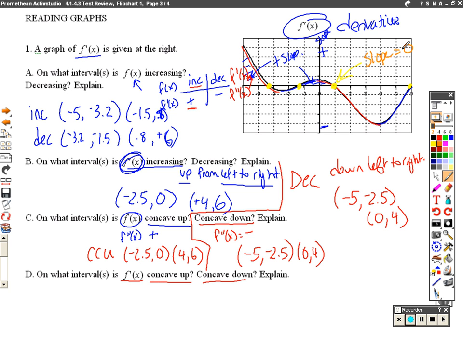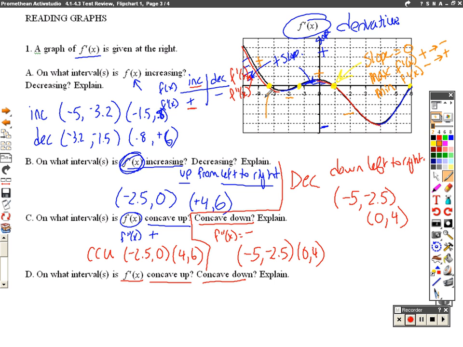I could also ask you about maxes and mins. And don't forget that maxes occur when the derivative changes from positive to negative. Mins occur when the derivative changes from negative to positive. So here's the derivative. Here's positive, negative, positive, negative.